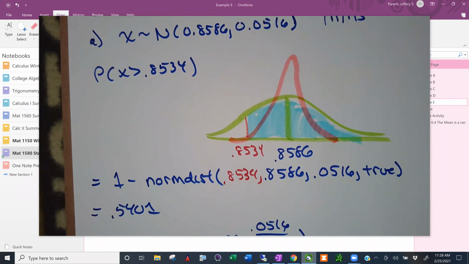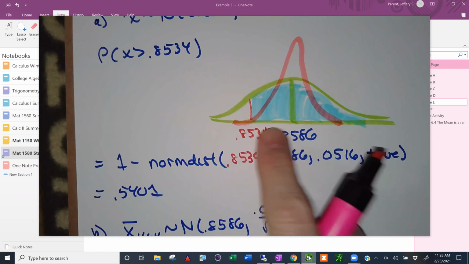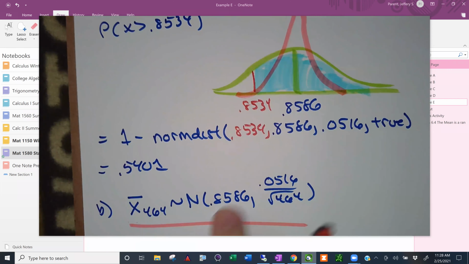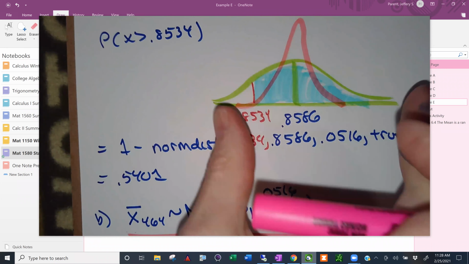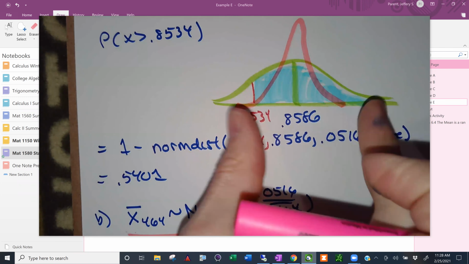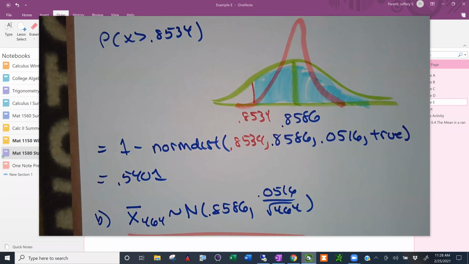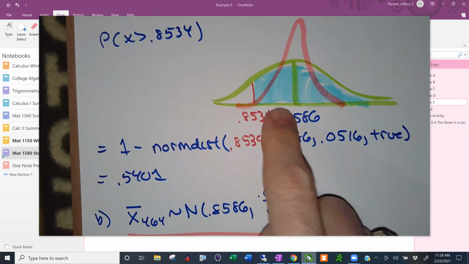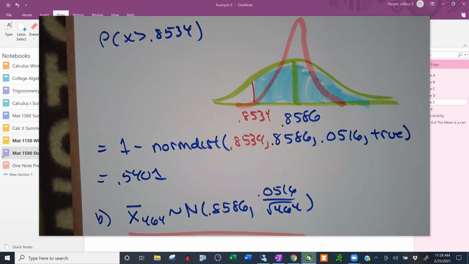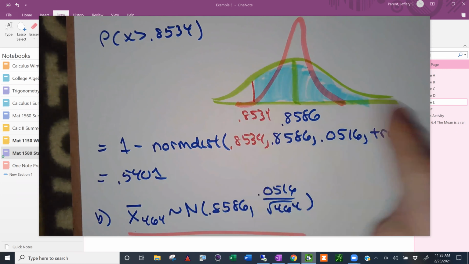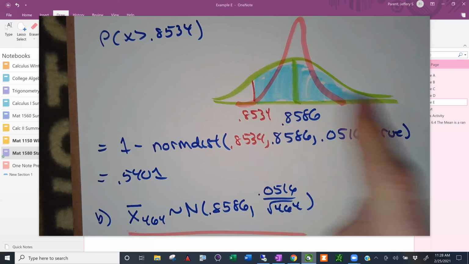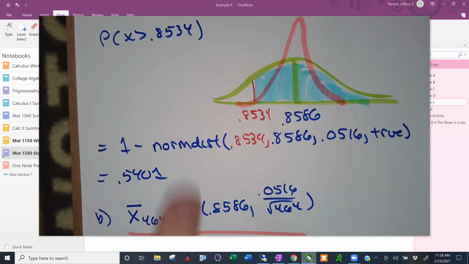So I'm expecting this probability to be higher than this one because it's being pulled in, it's being squeezed. It's not as spread out as it was before. So I expect a higher probability when I do this calculation. I'm still trying to find the area to the right. This just should be more of it than was in this first example.